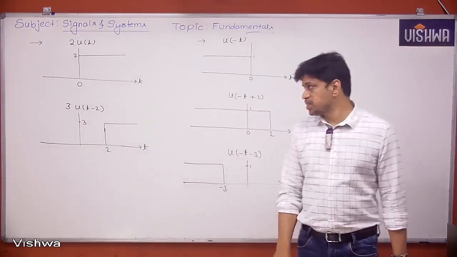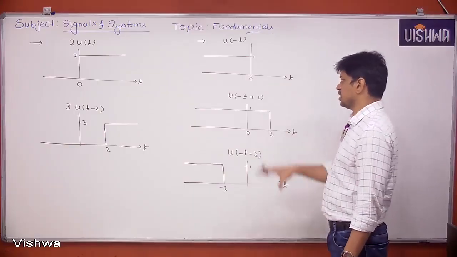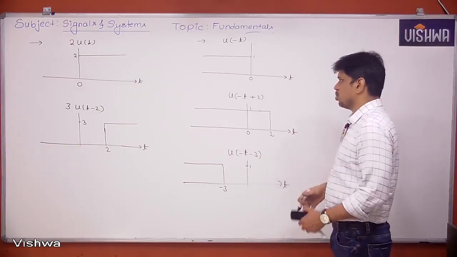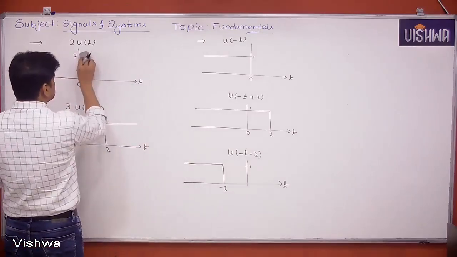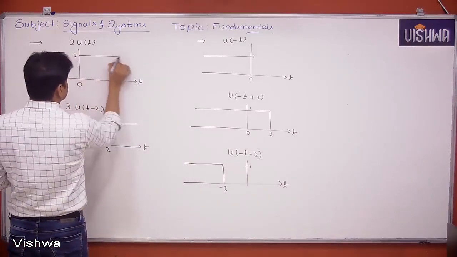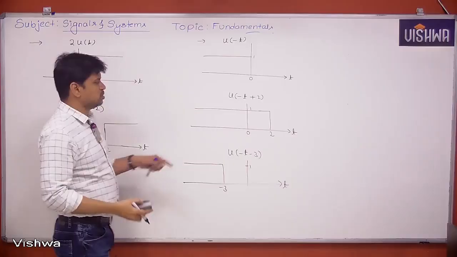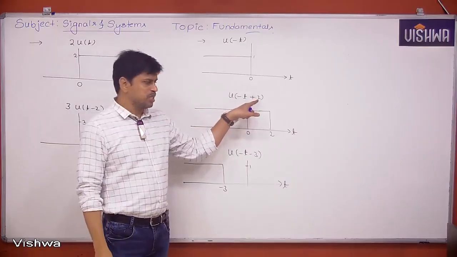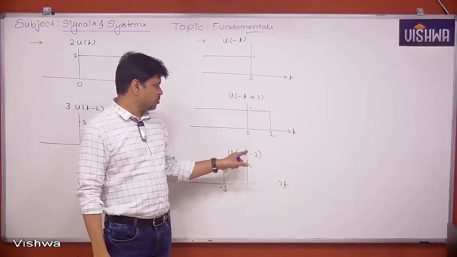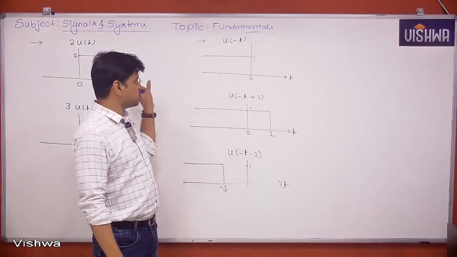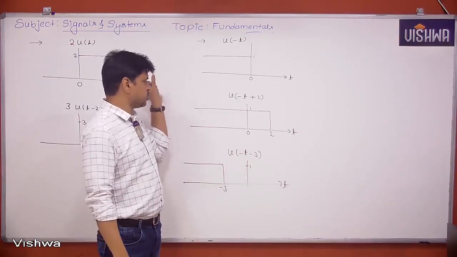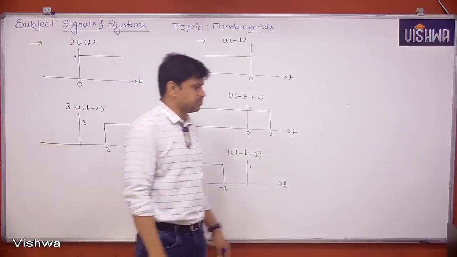Okay, so these are very, very important. First take down this, then we will see some more points. What are the observations we made? These are easy to remember. U of minus t plus 2 means it is up to plus 2. U of minus t minus 3 means it is up to minus 3. Okay, minus t means it has to go up to infinity, in the negative direction, minus infinity.